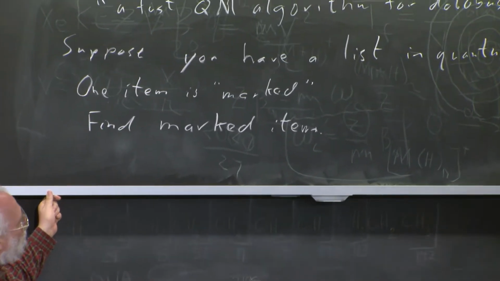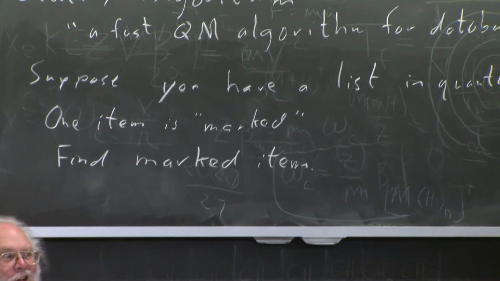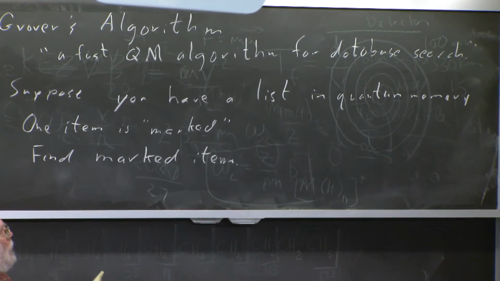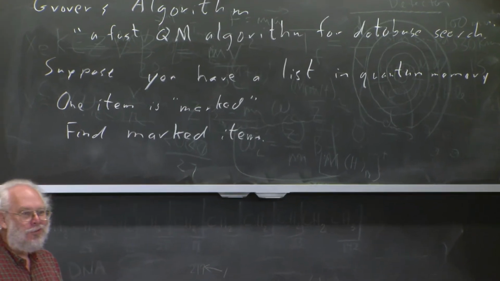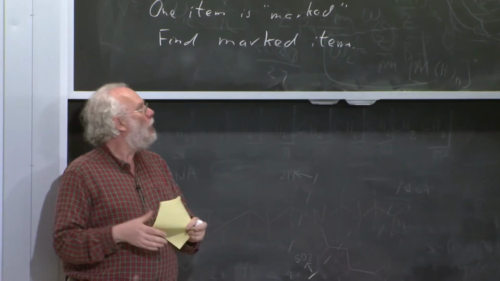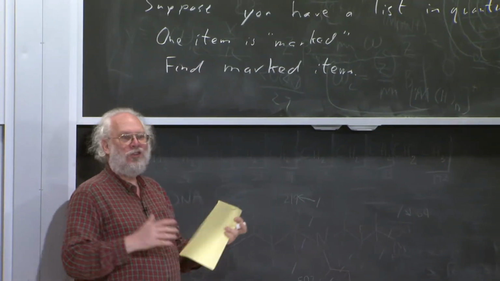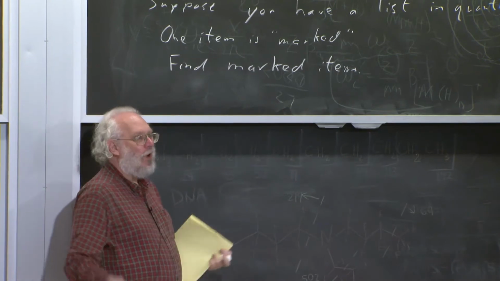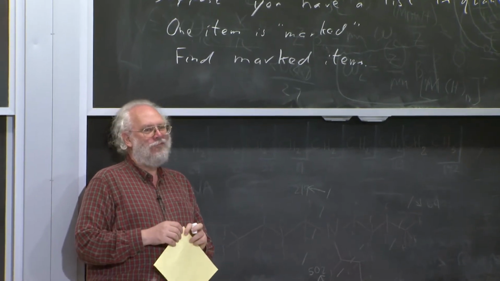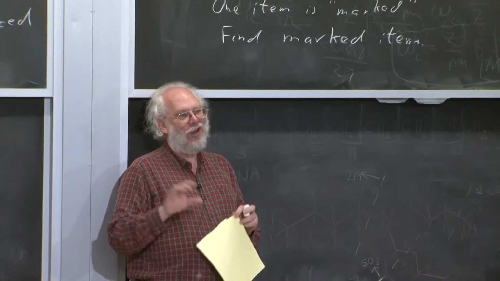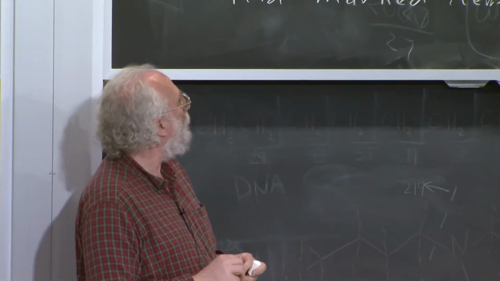Actually, if you have a list of things, you really don't want to use this algorithm, because first, you can just take this list, sort it, and then check whether an item is on the list in time log n.